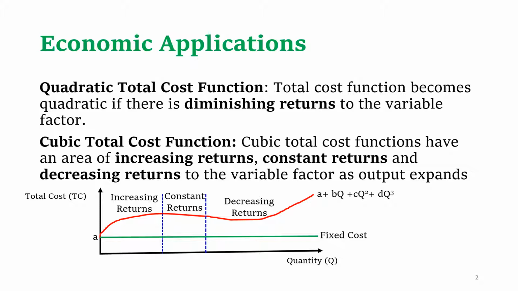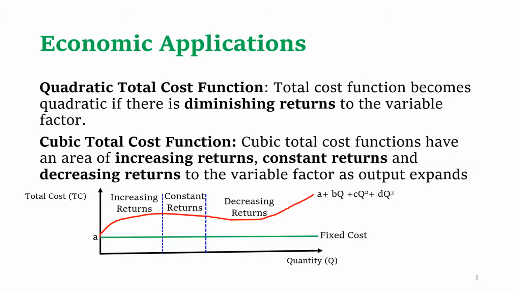If we apply this in economics, we notice that the total cost function becomes quadratic if there is diminishing returns to the variable factor.